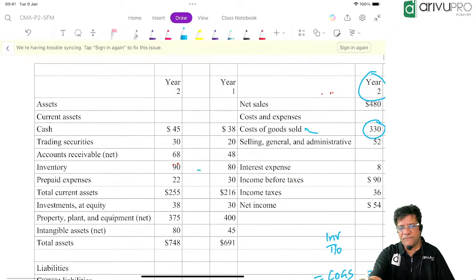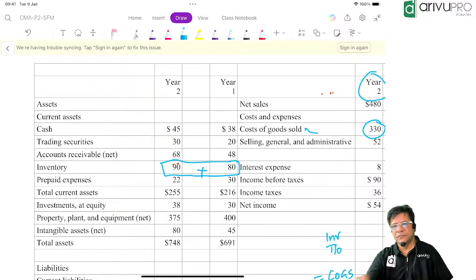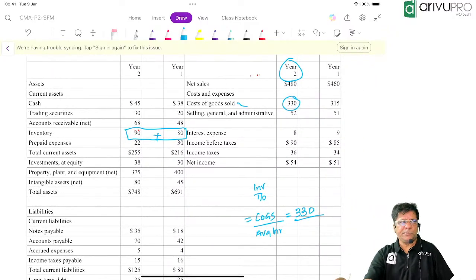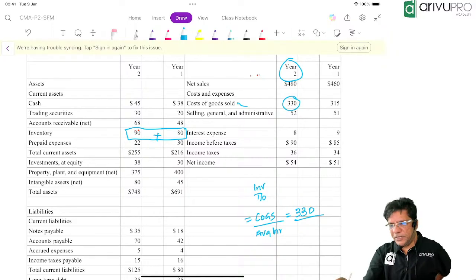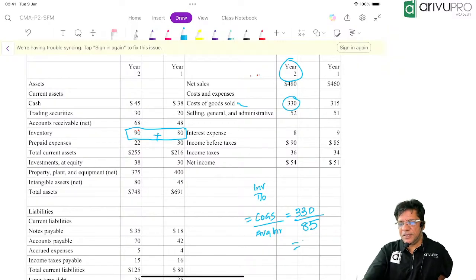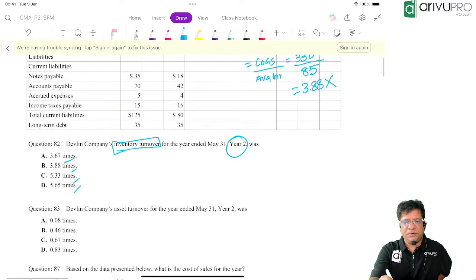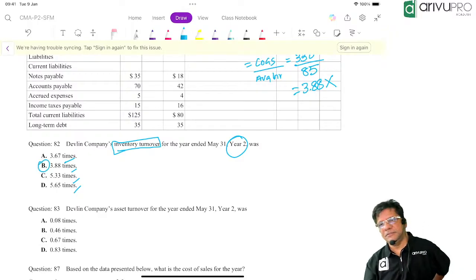Inventory 90 plus 80 divided by 2. 85. 330 divided by 85. 3.88 times. X means times.